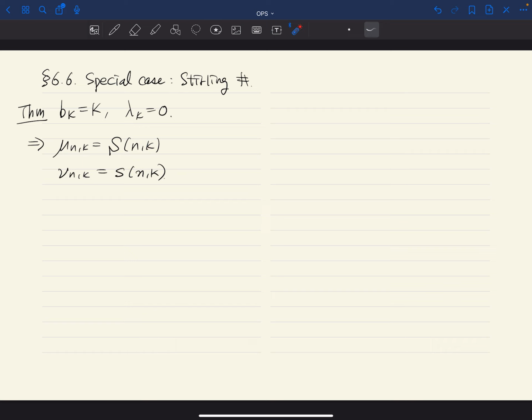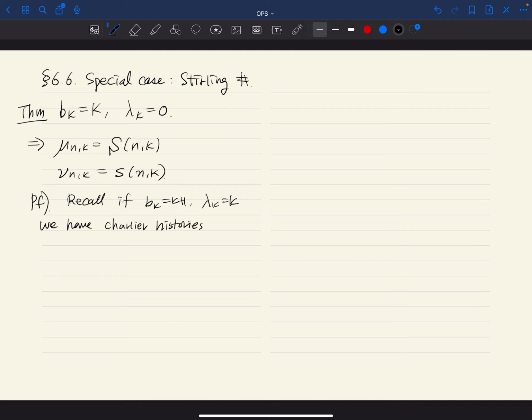And we actually know that this and this, they are inverses of each other. The matrices are inverses of each other. But we can also see this from this fact. So let's prove this. Proof. And here, let's recall, if b_k equals k plus 1, lambda_k equals k, then we know we have these Charlier histories.